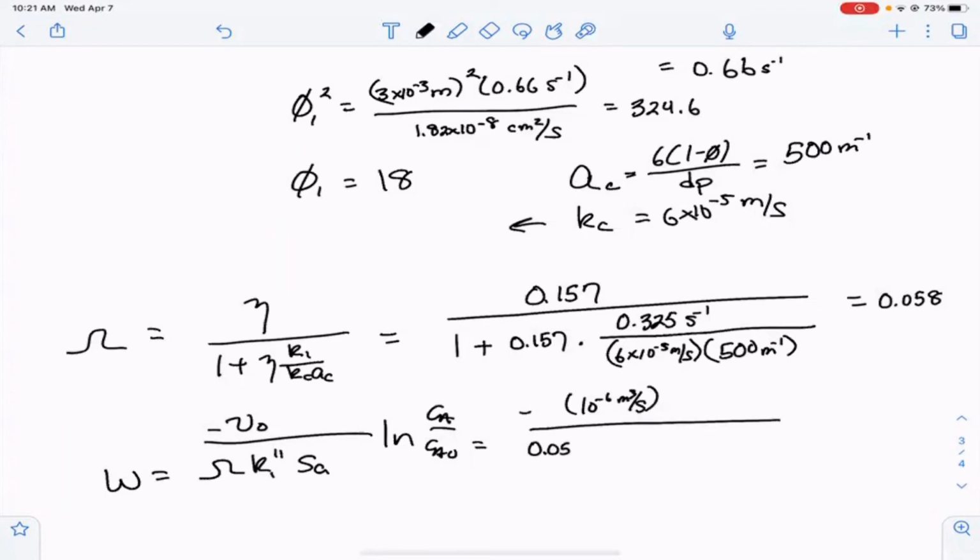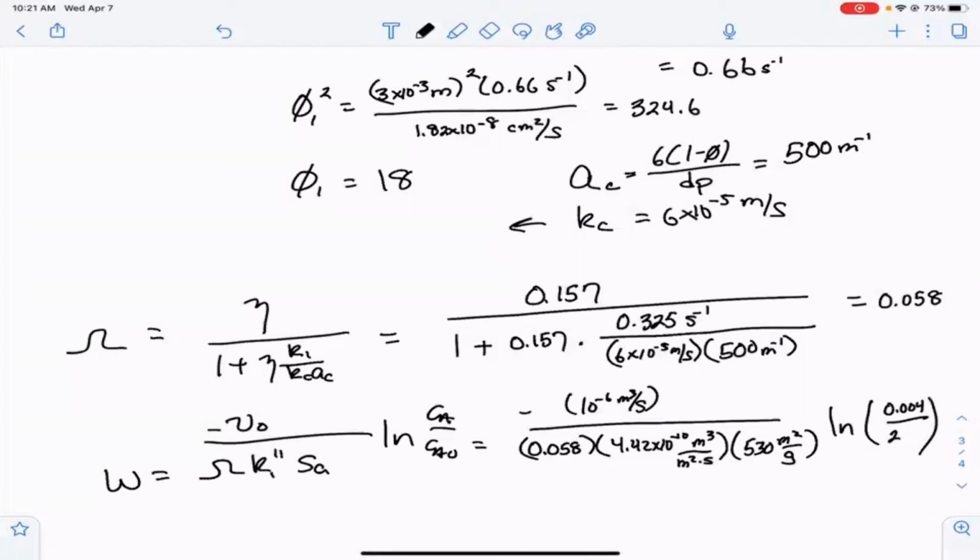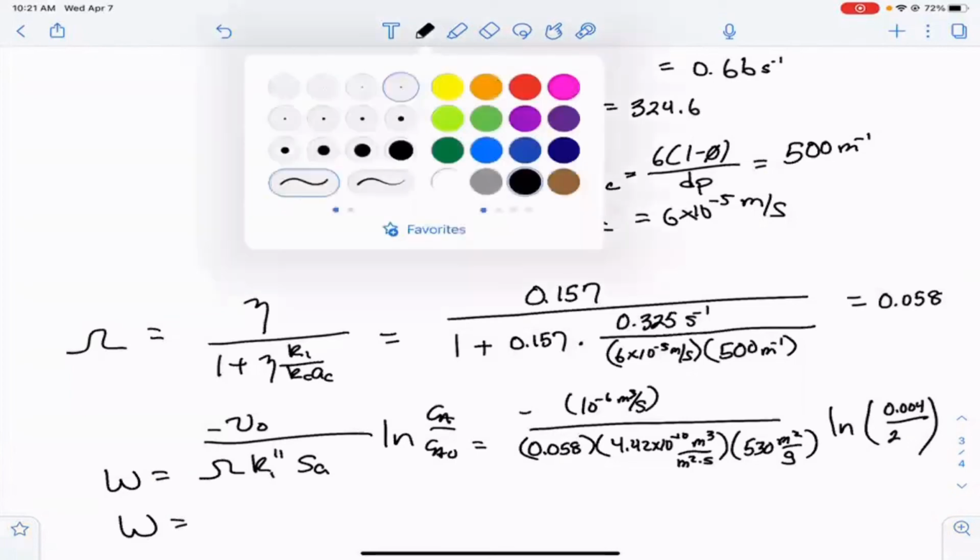And this is 0.058 times K1 double prime, which is 4.42 times 10 to the minus 10 meters cubed per meter squared times seconds, times the surface area, which is 530 meters squared per gram, times the natural log of 0.004 over 2, because we're going from 2% to 0.004%.